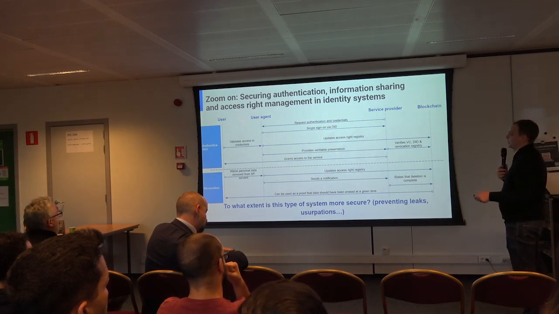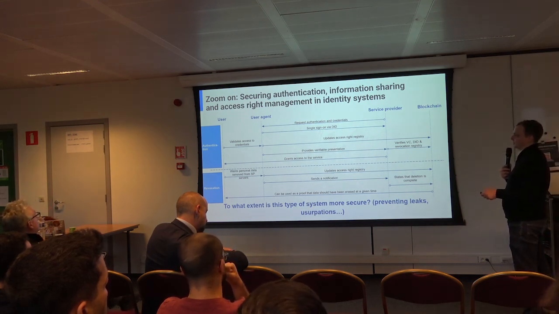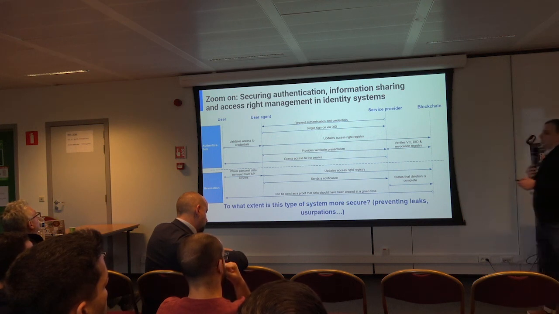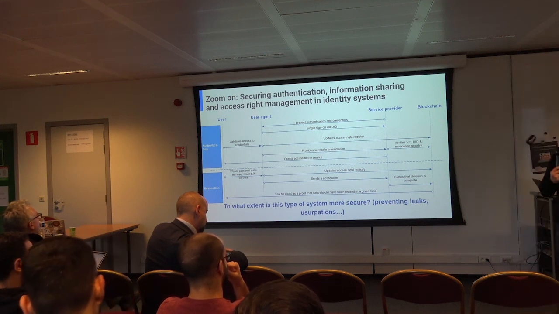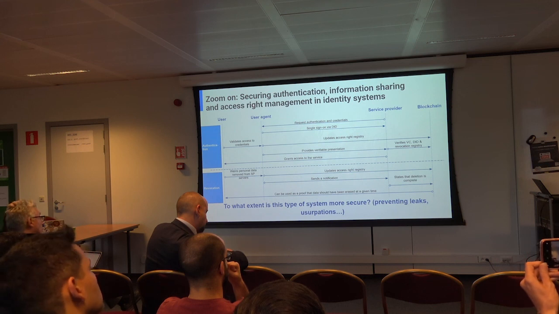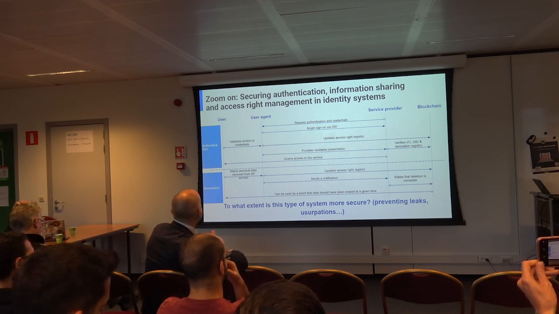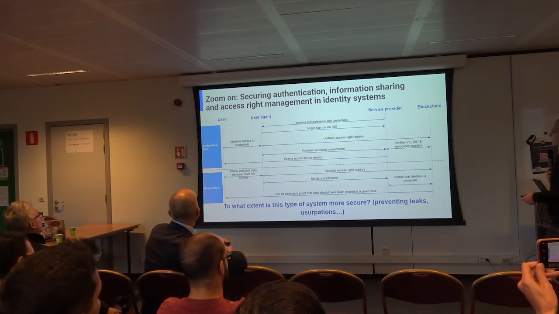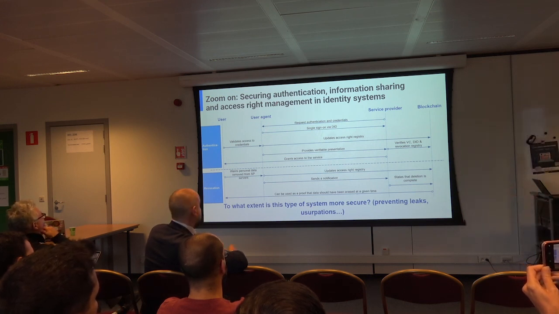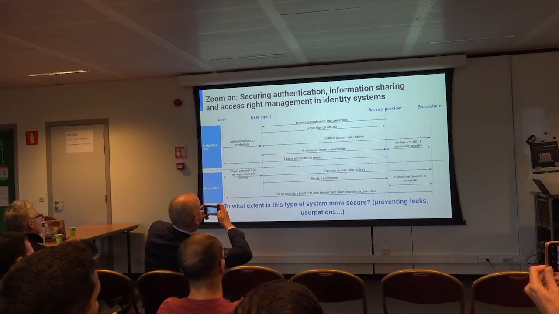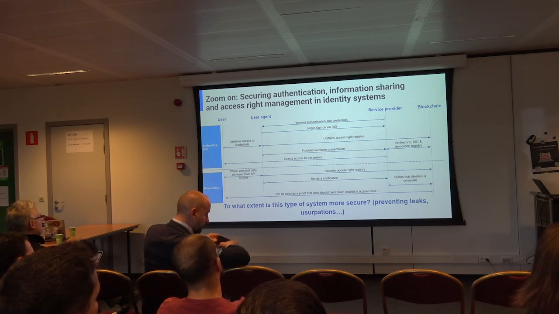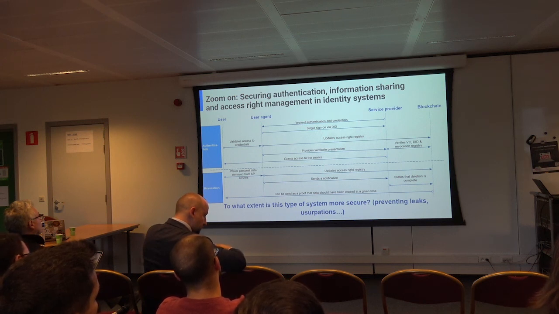You have the user, what we call the user agent, which is an application running on behalf of the user and doing the interactions with the different systems. This user agent will first receive a request for authentication and some credentials, so data that is being requested by the service provider.